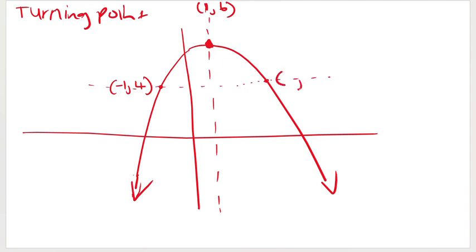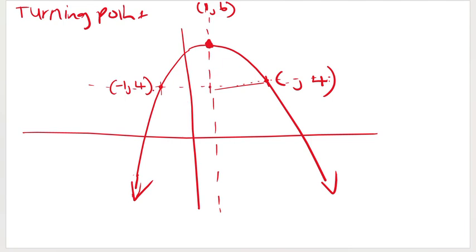And then the y value of this point will also be 4. I want you to know this. If these 2 points are on a horizontal line, the y value of this point will also be 4. And the x value will be such that the distance from this point to the axis of symmetry will be the same as the distance from this point to the axis of symmetry.